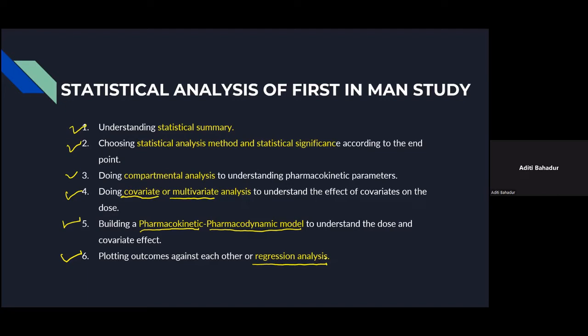Regression analysis is basically to understand, when you plot against an xy value, the mean and the outliers of that value. But as mentioned before, many times you don't do regression analysis at this phase because you don't have enough data and conclusion.